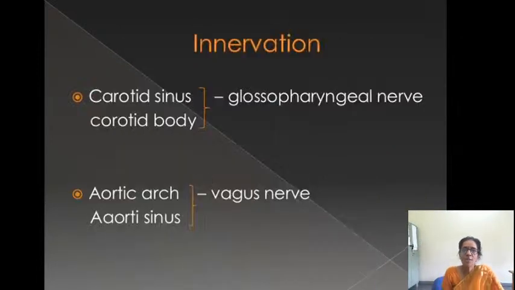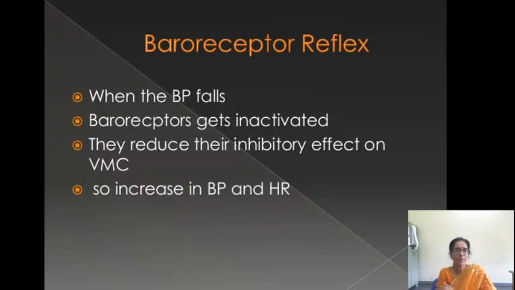For chemoreceptors it's the carotid body. The carotid sinus is innervated by the glossopharyngeal nerve. The aortic arch is innervated by your vagus nerve. So what will happen when the BP falls? There is less pressure on these baroreceptors, so they get inactivated.